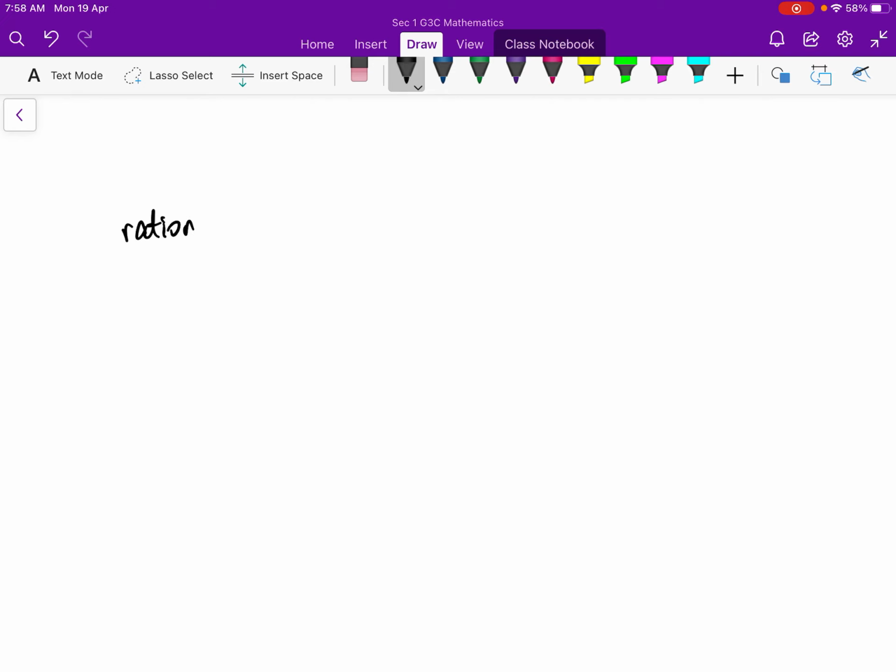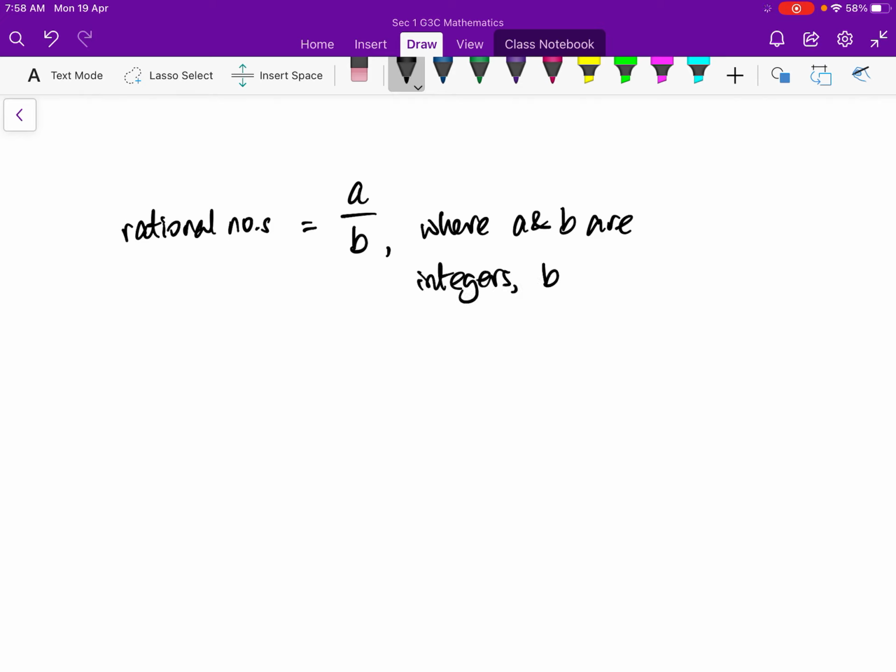Rational numbers will be a over b, where a and b are integers and b is not equal to 0. So this is the definition of rational numbers. Can be written as a fraction a over b. A and b are integers, can be negative integers, but b cannot be equal to 0.